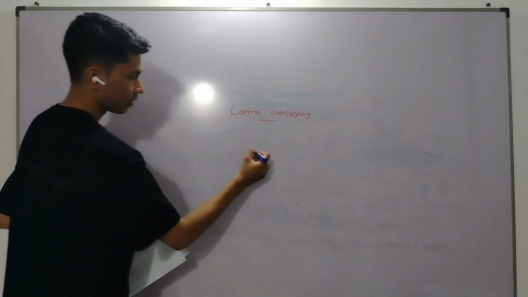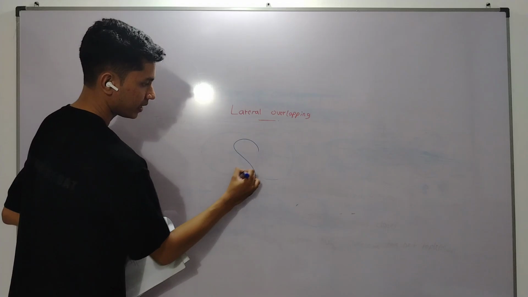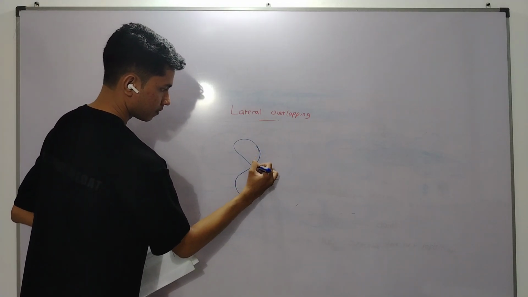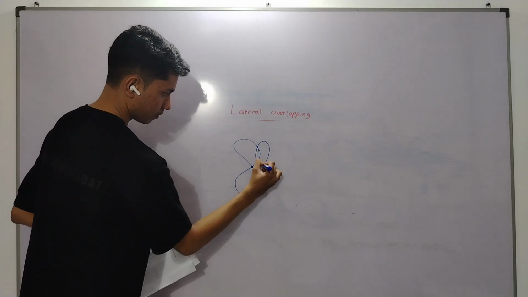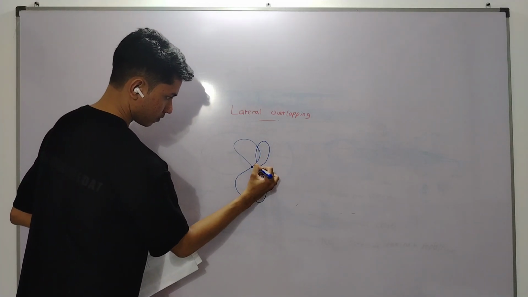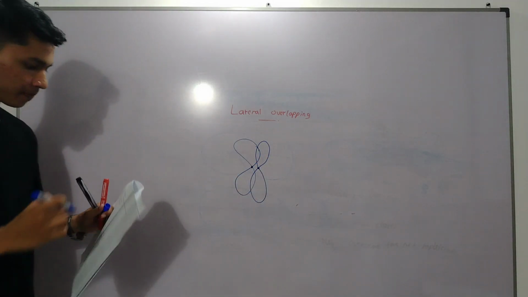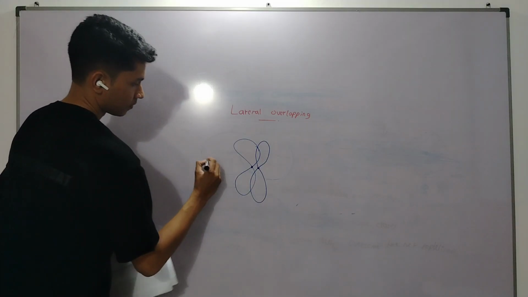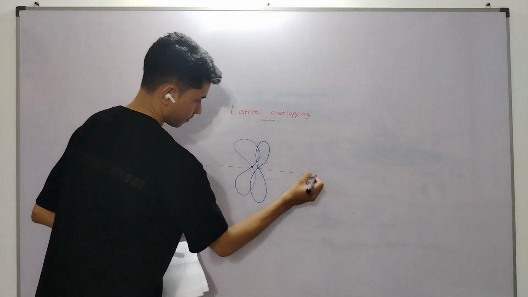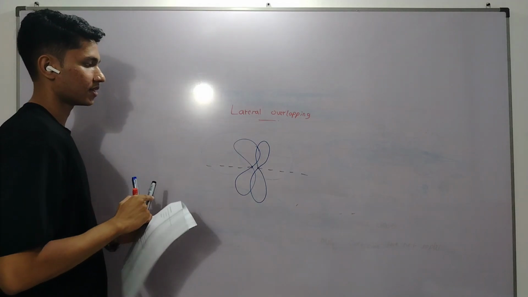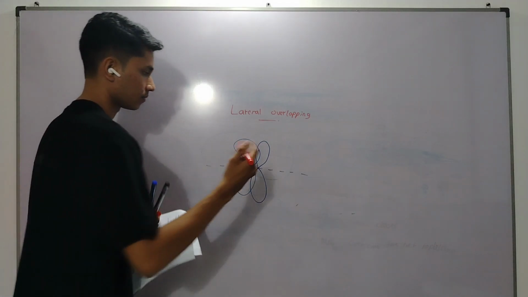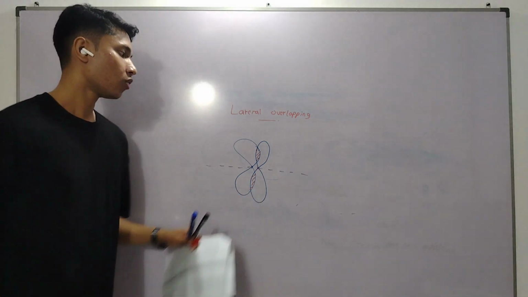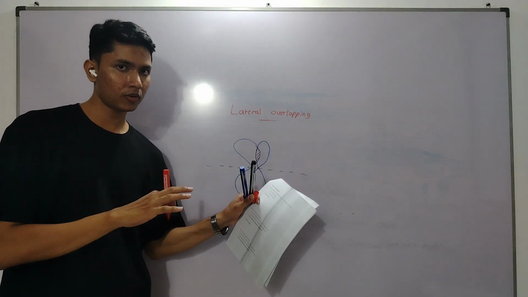So let's take two p orbitals like this. Two p orbitals. I draw the internuclear line, and this is the electron density higher area. So how do we decide whether it is a lateral overlapping?